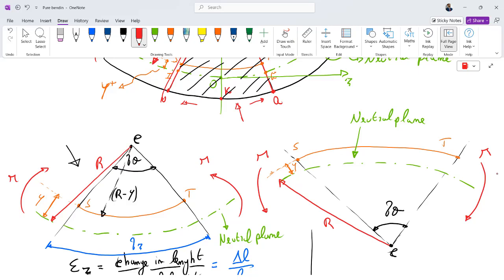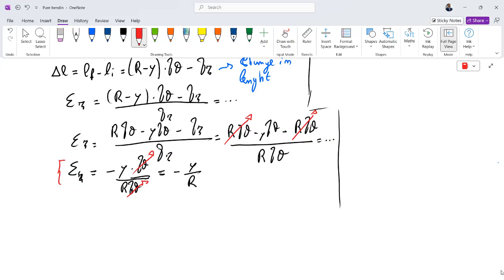If you see from here, it is anti-clockwise from the T point, and as said before, ST, our reference fiber, is in compression. So this is equation number 2. What does this equation tell us? We see also a minus sign.